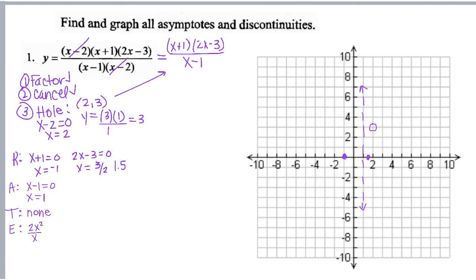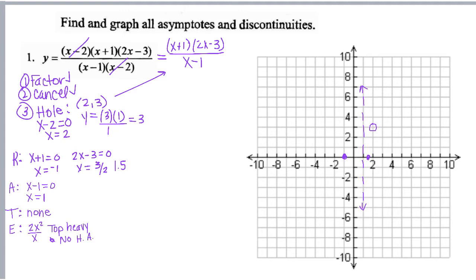This is what's called top heavy, as we have a higher exponent on top than on the bottom. That means the horizontal asymptote does not exist here. So here, top heavy means we have no horizontal asymptote.